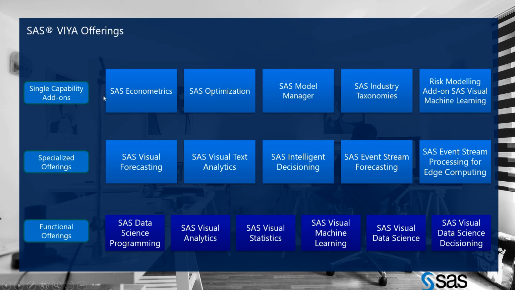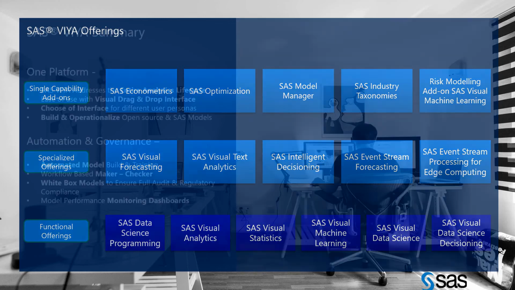So these are the add-ons. SAS Viya 4 is not offering these, so if you want these features, you have to go for the add-ons. Okay, so this is all about what SAS Viya is offering us.